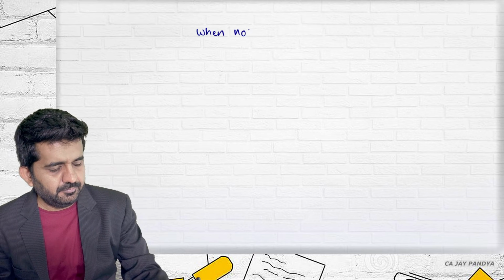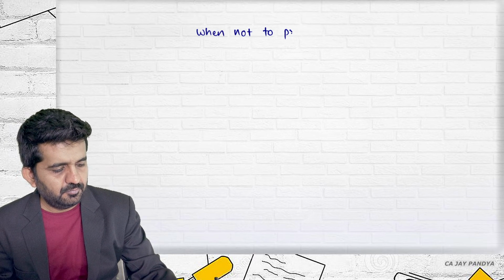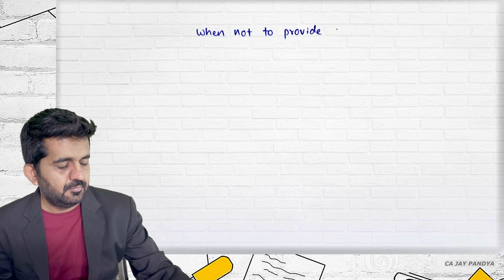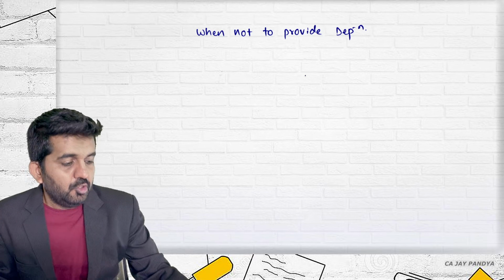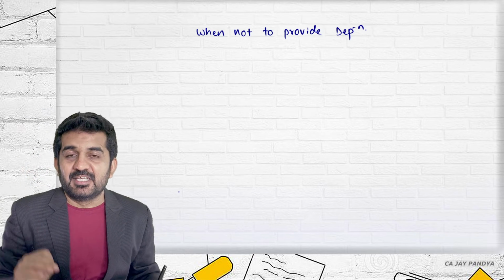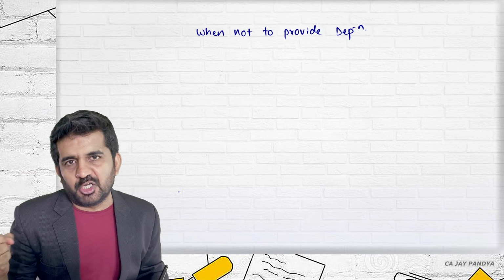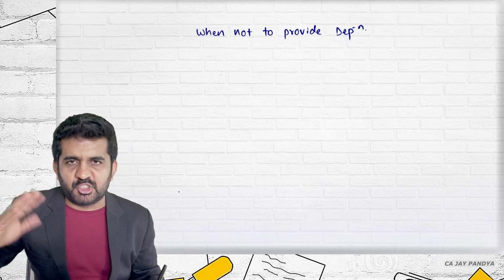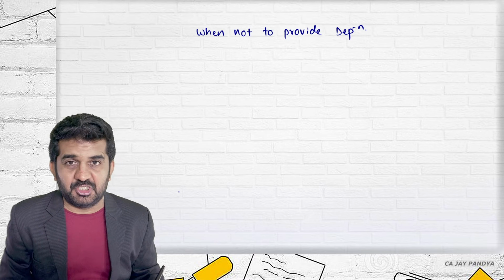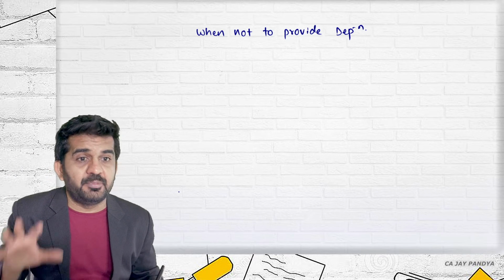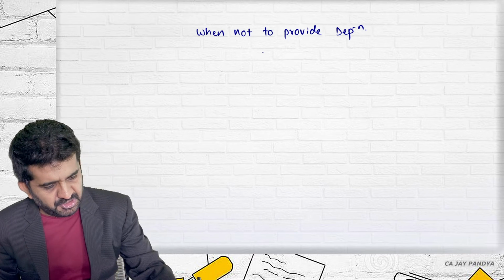All right. When not to provide depreciation? So there is an asset lying in your business, and it is not sold or destroyed. If it is sold or destroyed, you don't provide depreciation. But it is lying in your business and still you don't provide depreciation.